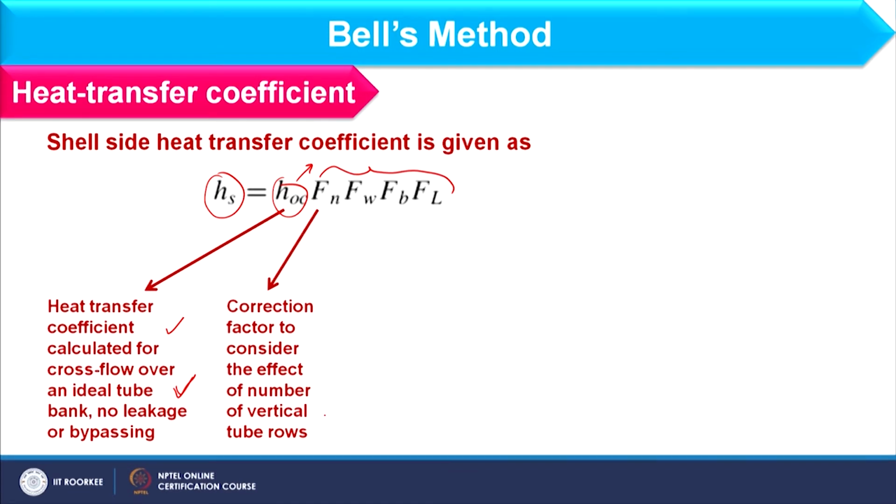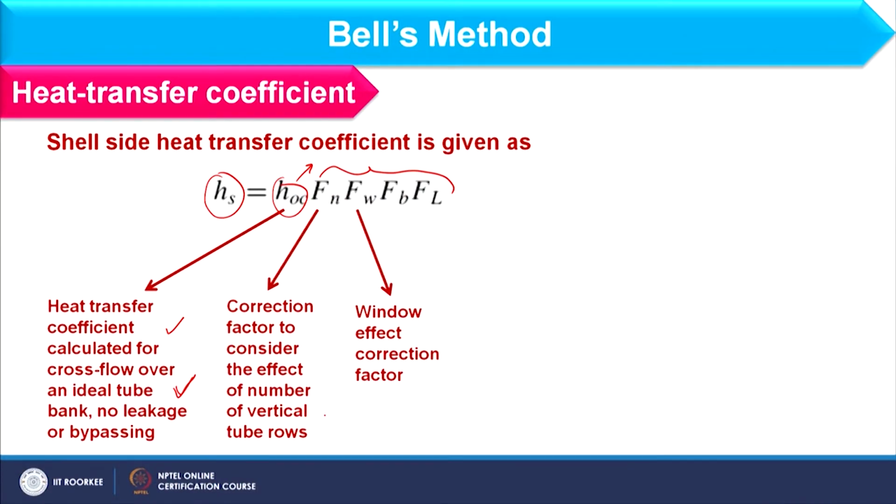What does Fn count? Fn counts the vertical tube rows in the cross flow zone. In detail we will discuss what this Fn is and how its value will be calculated, but keep in mind that it is for the cross flow zone.